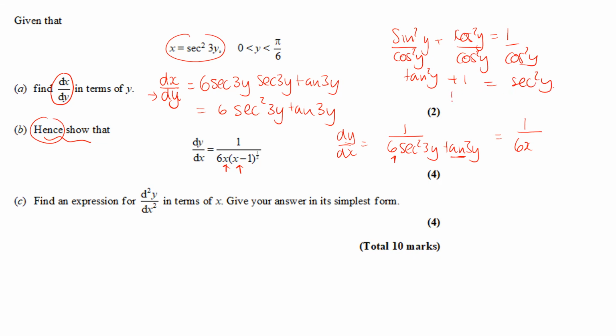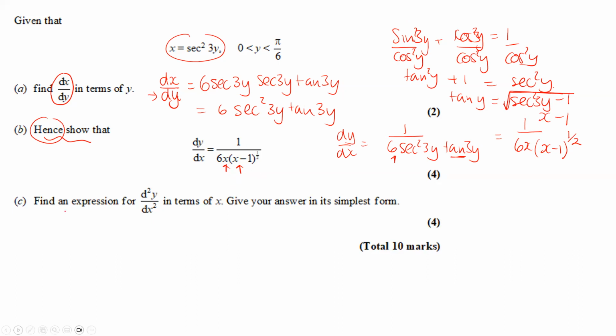And so tan squared y is equal to sec squared y minus 1. So tan is going to be, I just need to take the square root. So this is going to be my x minus 1, because if I put a 3 in front of those, I would get a 3 there. So now I'm going to get my x minus 1, and then instead of doing the square root, I've got to the half, which is what they've got there.